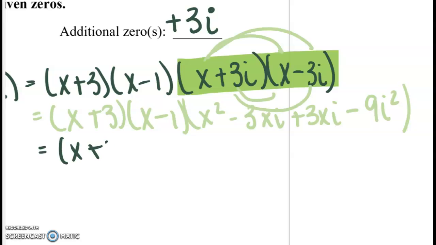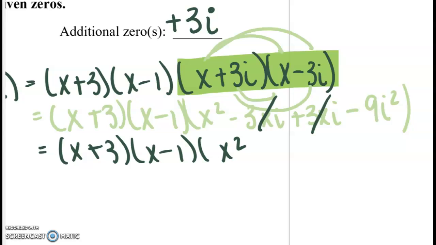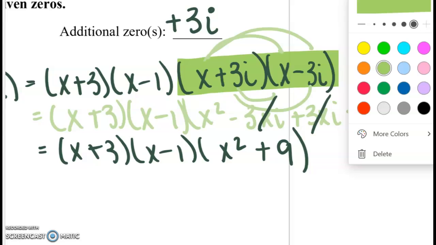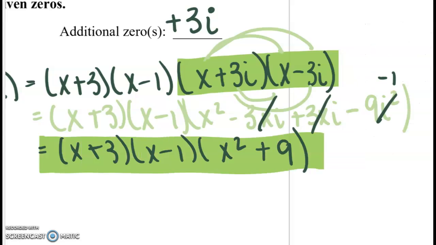So we'll simplify x plus 3, x minus 1, x squared. My xi's cancel out. i squared is a -1. So -9 times -1 turns to a +9. And there we go. So this would be our final answer here, getting rid of those imaginary solutions and calling it a day.